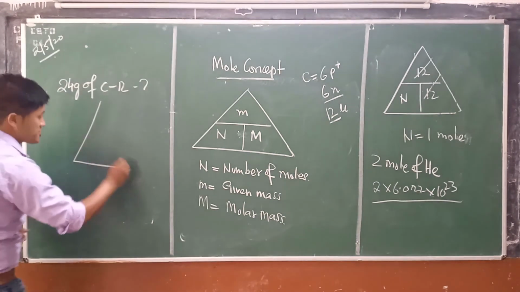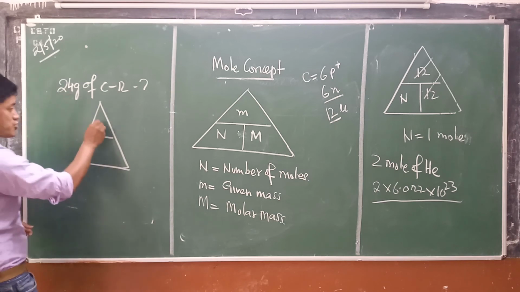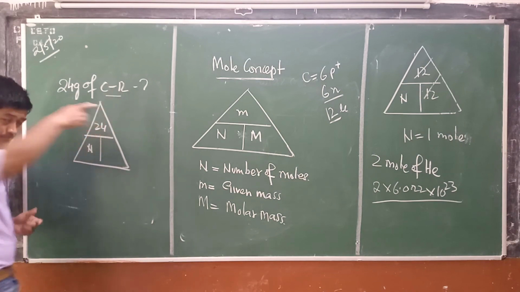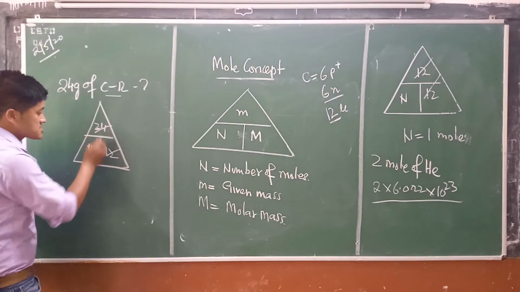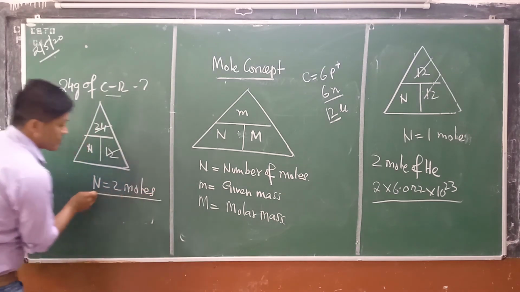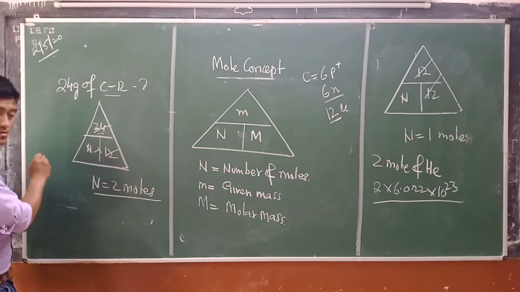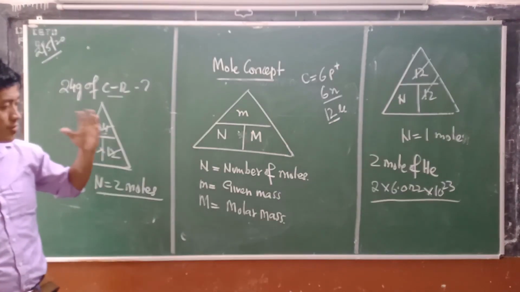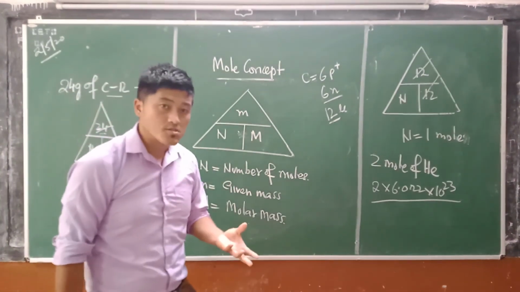Once again, we are going to write the triangle here, and they have given the value, that is given mass is equal to 24, and number of moles is n, and carbon 12 molar mass is how much? 12. When you cancel this, number of moles is equal to 2 moles. If you are going to find the number of atoms, we are going to multiply by this 2. Is that clear? So this is how we use this particular concept in measuring the number of moles.